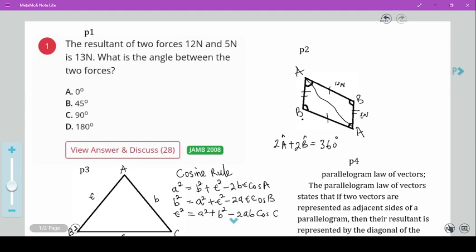And one thing about parallelograms is that the opposite angles are equal. So if here happens to be 90 degrees, here would also be 90 degrees. So 90 plus 90 would be 180. Since the sum of interior angles of every quadrilateral is 360, the angle between here and here is going to be equal, and that would also be 90. That means our answer for this problem is this.